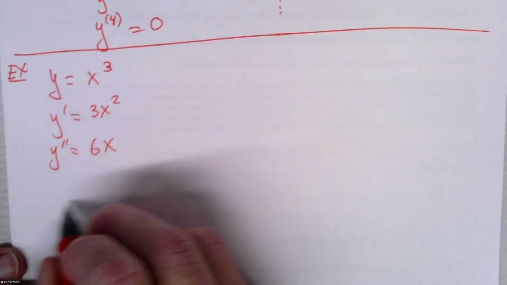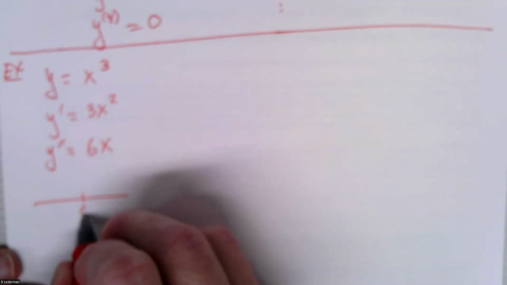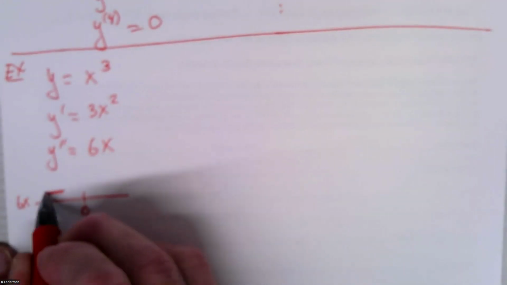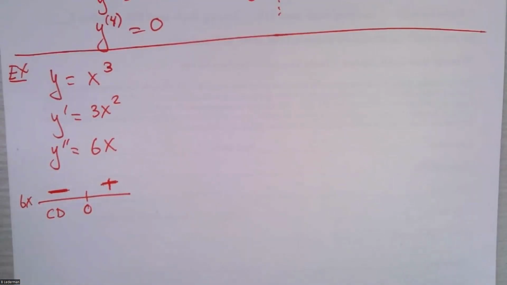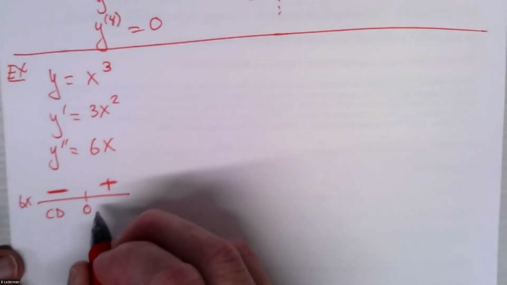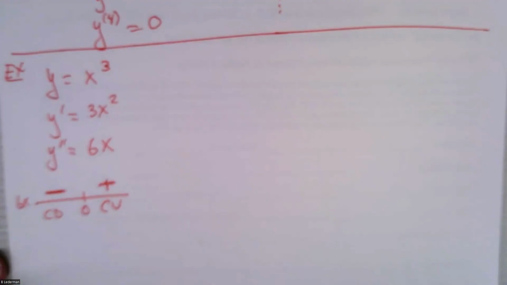The truth is, if I look at the number line, for all the negative numbers, 6x is negative. For all the positive numbers, 6x is positive. So that means the function is going to be concave down on the negative side of 0, and it's going to be concave up on the positive side of 0.